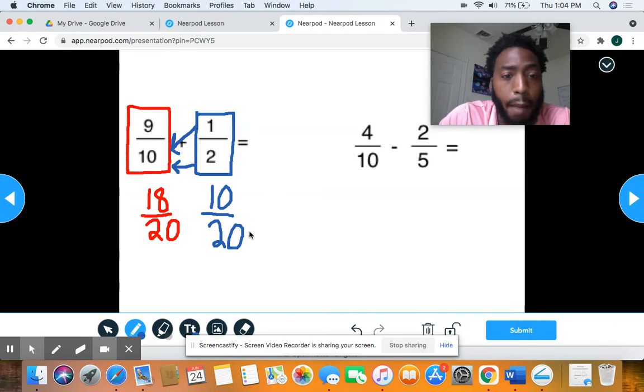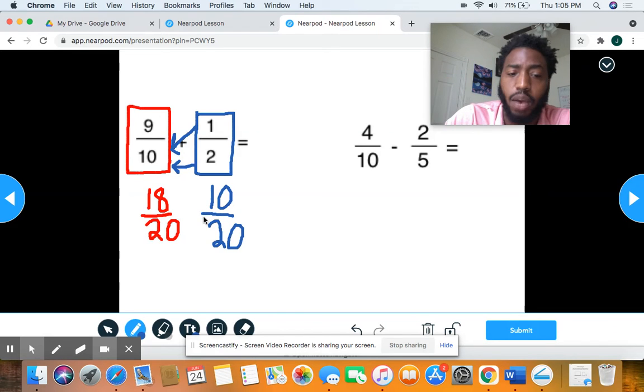Because if there's no common denominator here, we're going to get the wrong answer when trying to solve the problem. So I check right now and I see my denominator for my red fraction, or my first fraction, is 20. The denominator for the blue fraction, or my second fraction, is also 20. So I know that 20 and 20 are the same. So yes, we do have common denominators.